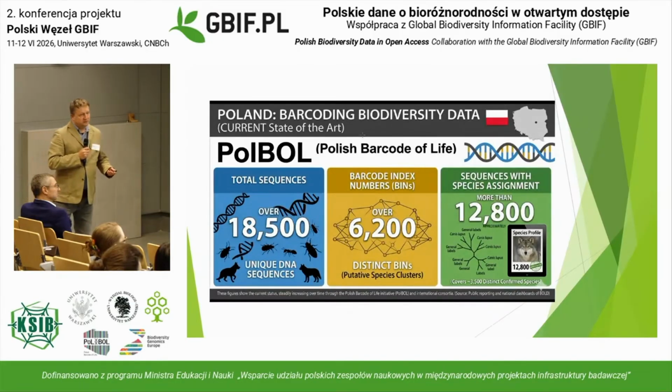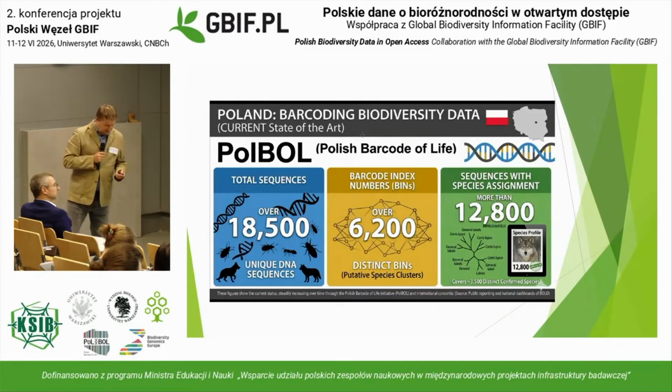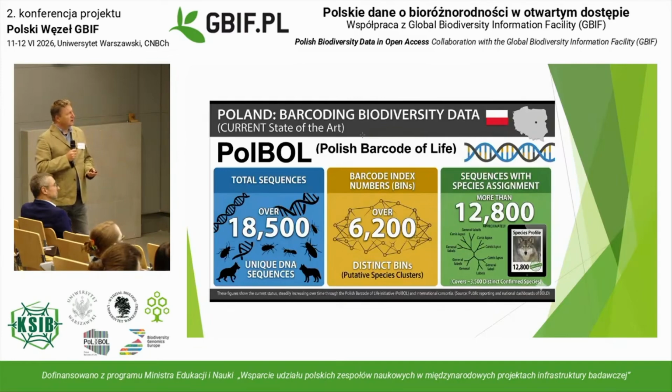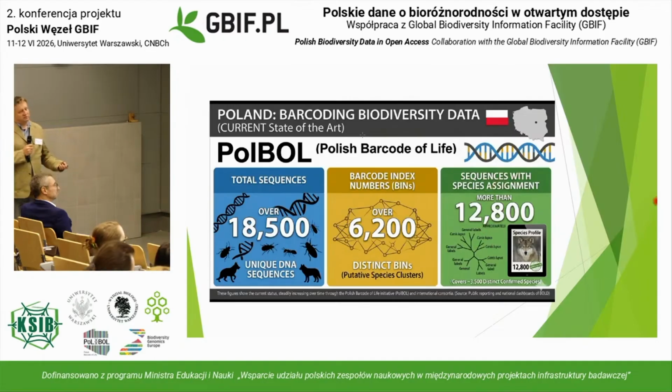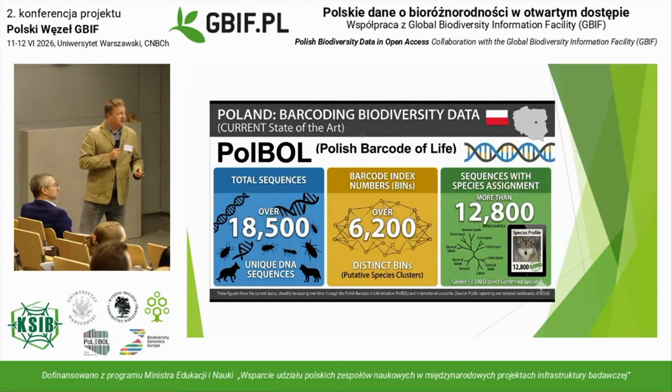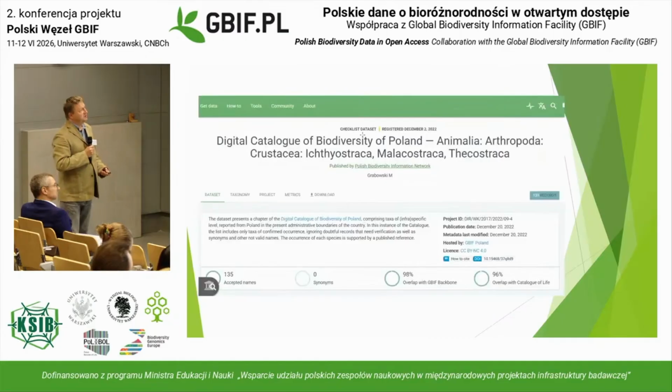Right now, it's way better. We have more than 18,000 sequences, more than 6,000 BINs, and nearly 13,000 sequences with species assignment. It's still not good, but much better than it was.